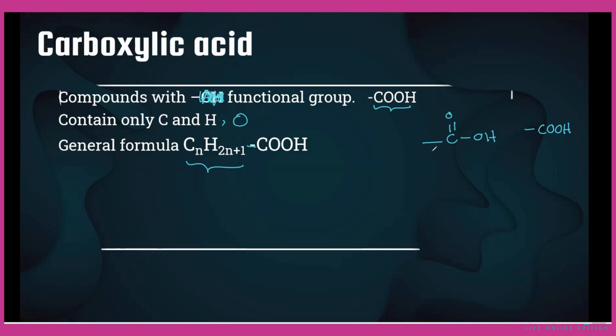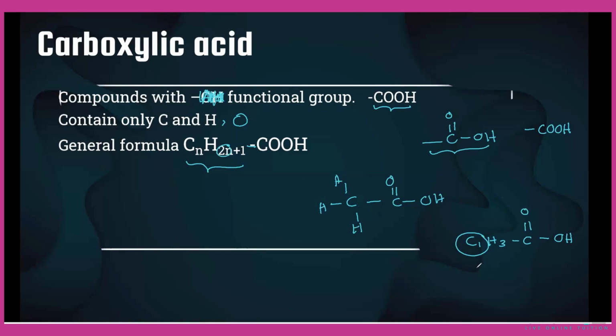So instead of OH, which comes over here for the alcohols, this time we have C double bond OOH. So when we have 1 carbon, here comes the next functional group, 3 hydrogens. So C1, and then our H has to be 1 into 2, 2, plus 1, 3. So yes, we have 3 hydrogens, and the functional group C double bond OOH. So this is only 1 carbon.